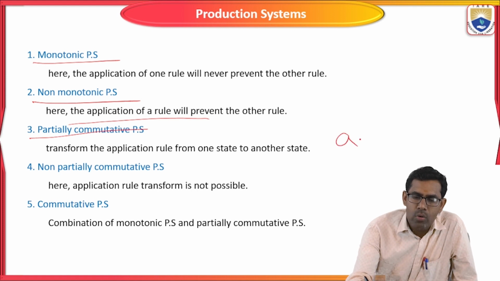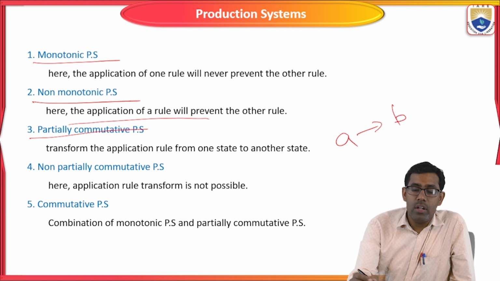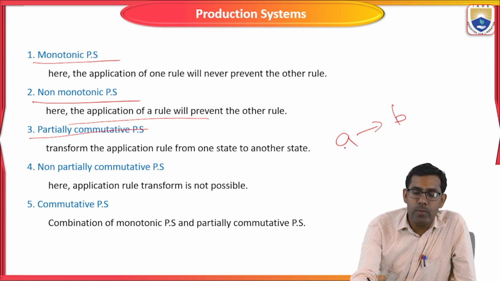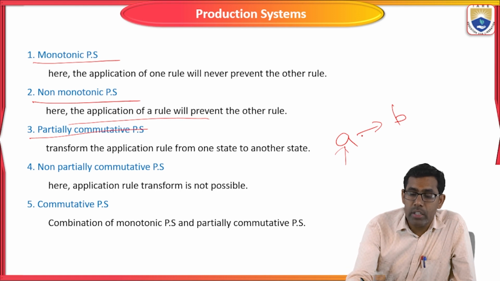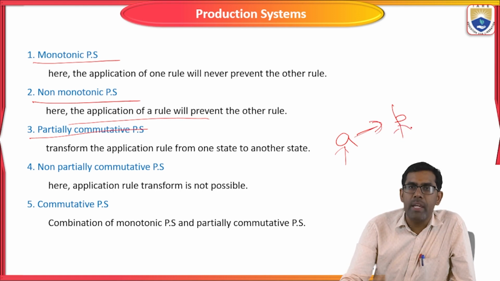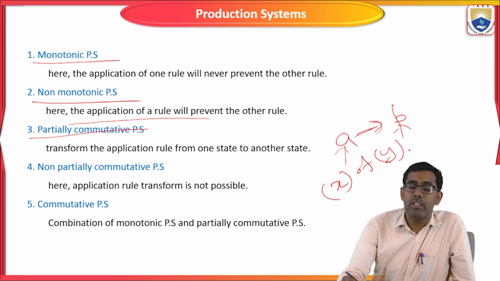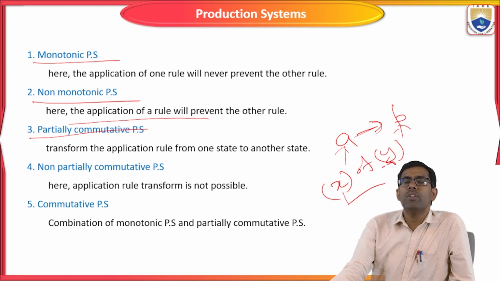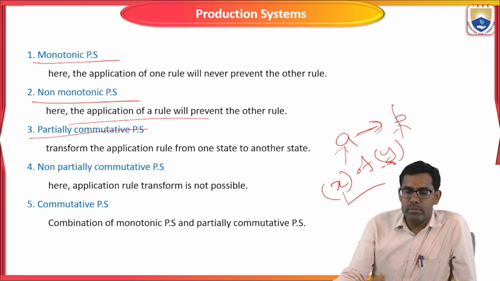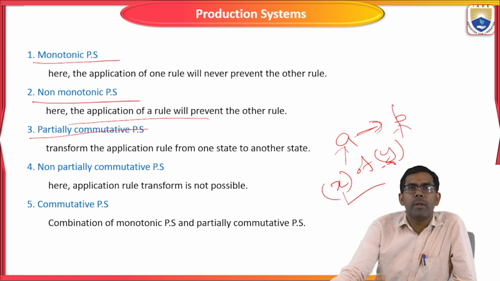Just if we have A, comma B, we apply one rule for the state A, and that rule is transferred to the state B. Simply, the rule of state X will be transferred to state Y. This is the meaning of partially commutative production system.